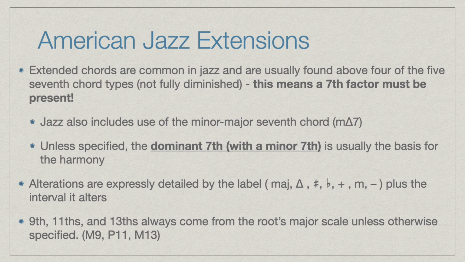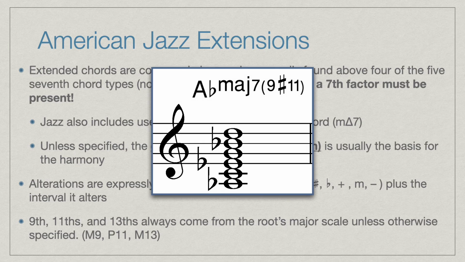The extensions of these chords then are assumed to come from the root's major scale, unless they are altered by the label. So what does this mean? We have an A flat major 7, 9, sharp 11 here. So we're going to need to start with the dominant sounding chord, dominant spelling, but that major 7 is throwing us off.